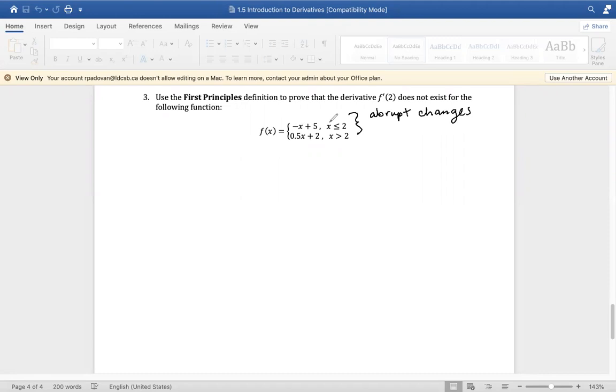M is negative, which means that my slope is decreasing all the way up until the point of, oh, 2. That's not a coincidence, right? Up to and including 2. And then when x is greater than 2, I'm following this equation, which is 0.5x plus 2, which is also y equals mx plus b. It's also a straight line, but my slope is positive and my slope is a little smaller, so not as steep.